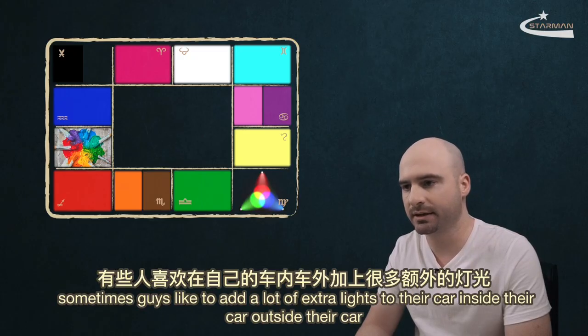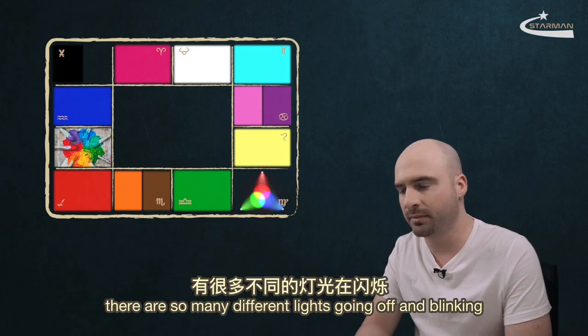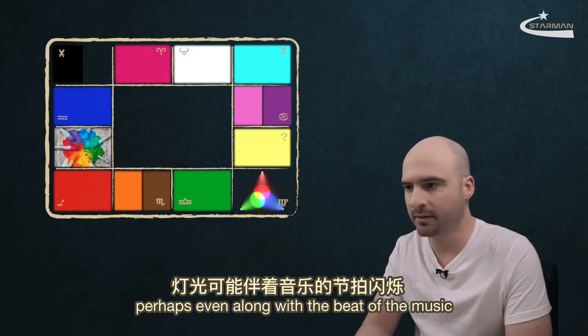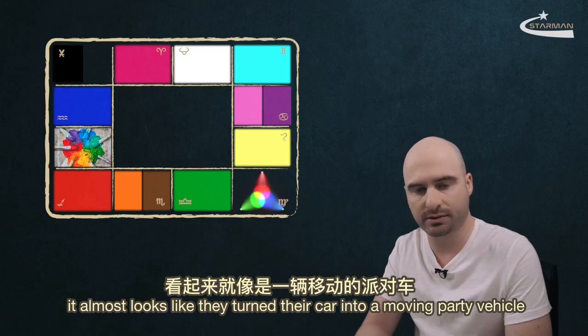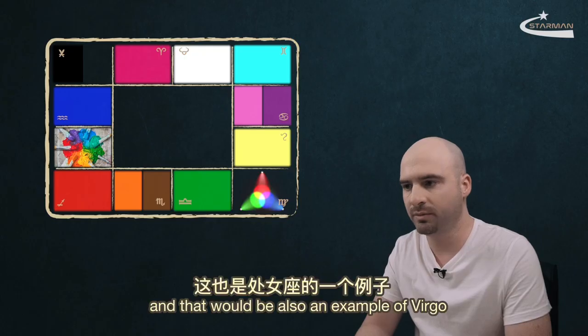Sometimes guys like to add a lot of extra lights to their car, inside the car, outside their car. There are so many different lights going off and blinking, perhaps even with the beat of the music. It almost looks like they turned their car into a moving party vehicle. And that would be also another example of Virgo.